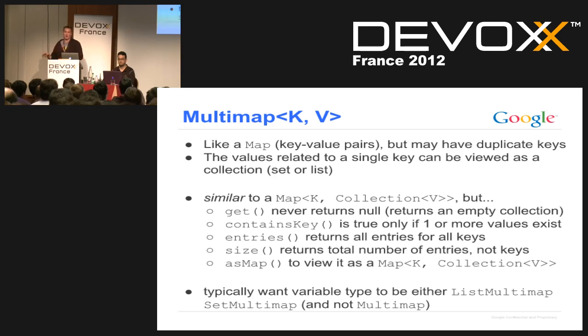If you call get on this multi-map, you'll only get the empty collection back. Contains key is true if there's one or more values. And again, size will return, similar to the multi-set, the total number of entries, not the number of keys. And if you want to view this multi-map as a map from K to collection of V, you can do that as well with the as map view.